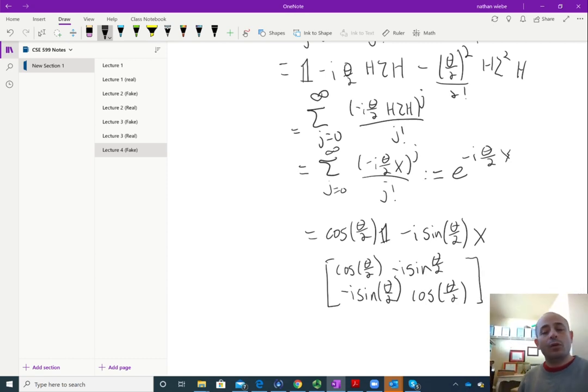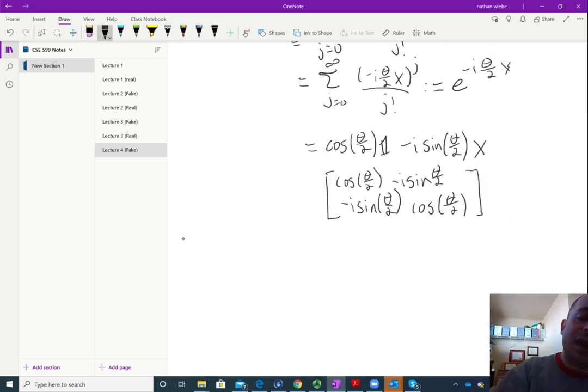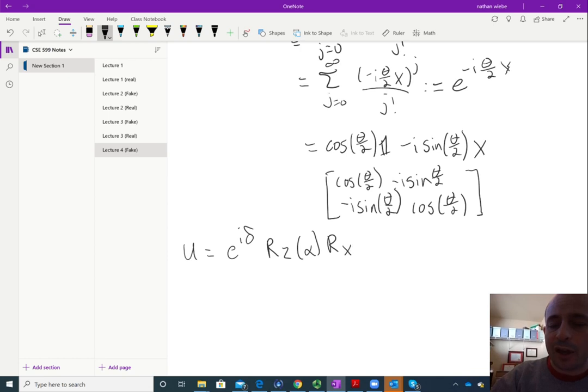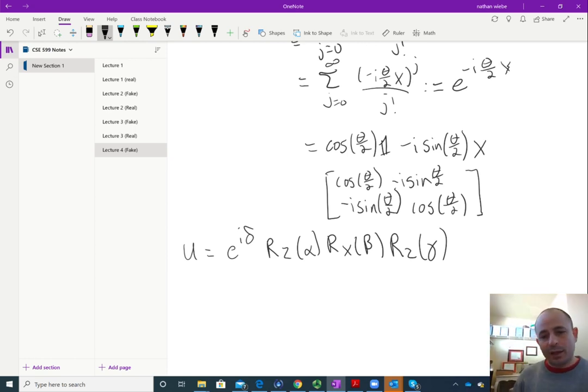Okay, cool. So those are a set of useful operations that we can do on single qubits and many of their relationships. Something that we're going to see later is that any unitary operation U can always be expressed in the form e to the i delta Rz of alpha Rx of beta Rz of gamma, for parameters delta, alpha, beta, and gamma.